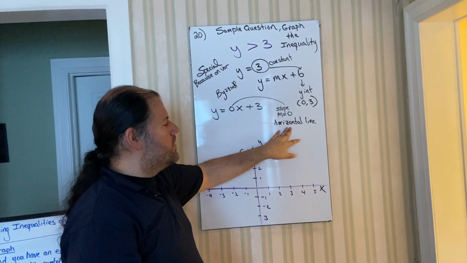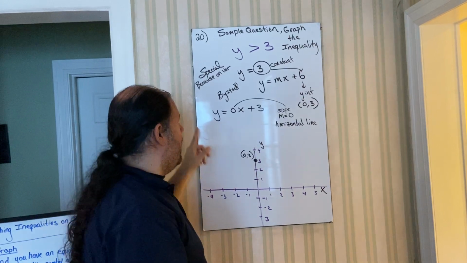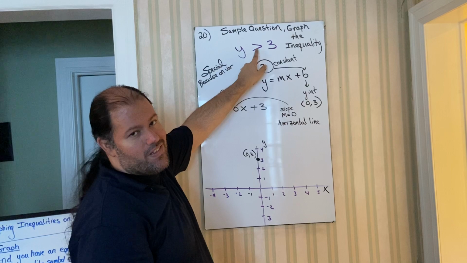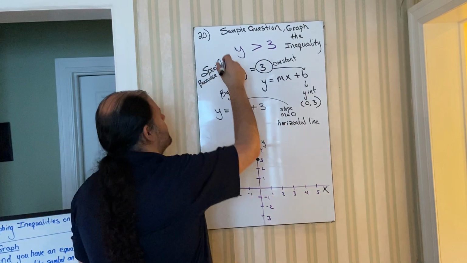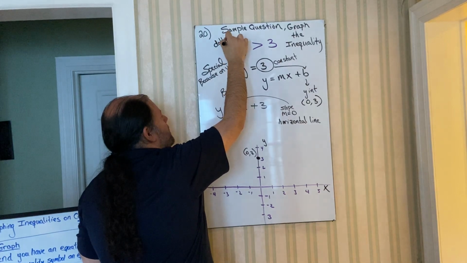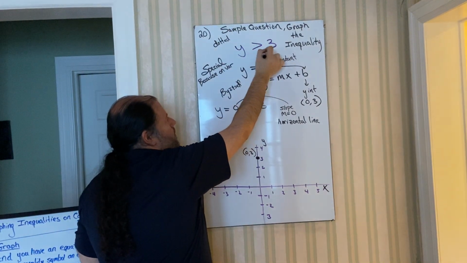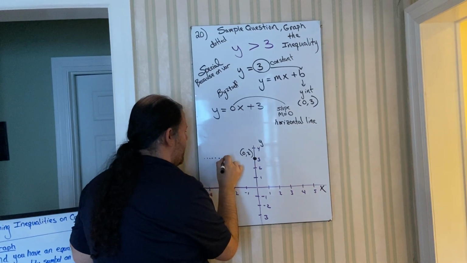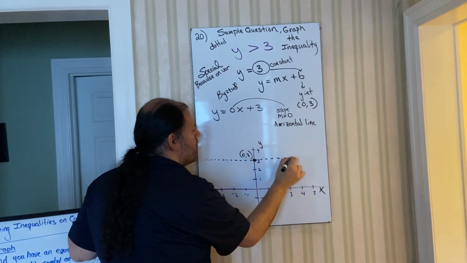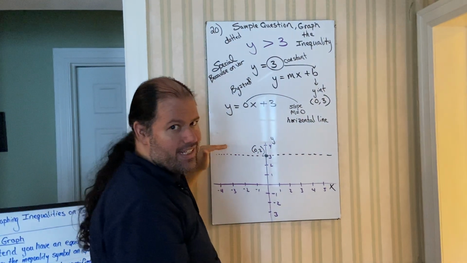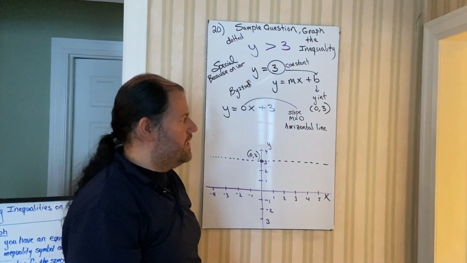But since you know it's a horizontal line, let's draw our horizontal line, but make sure, is it solid or is it going to be dotted? It's going to be dotted. Remember, to be solid, it had to be greater than or equal to. So let's draw a dotted horizontal flat line.